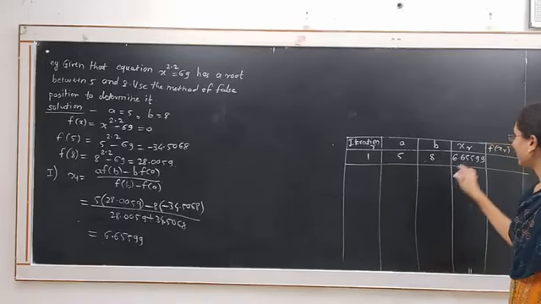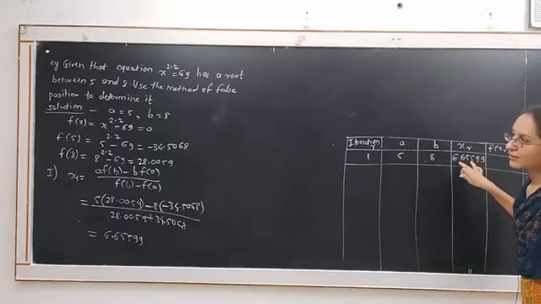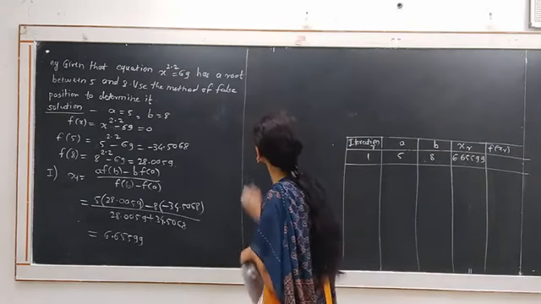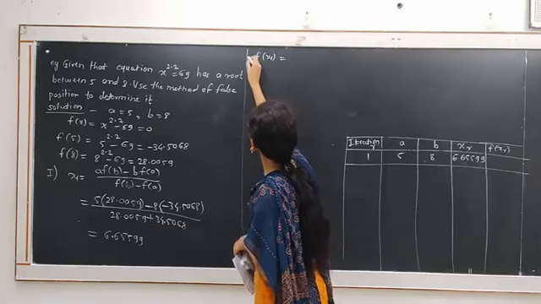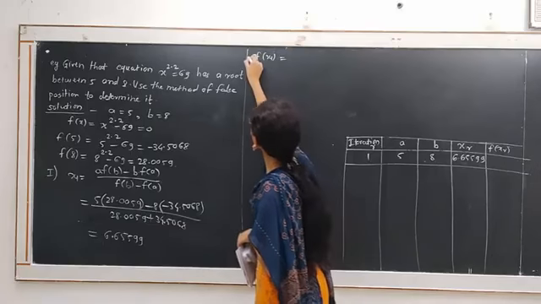Now we check the sign of the quantity f of x1 for the second iteration.